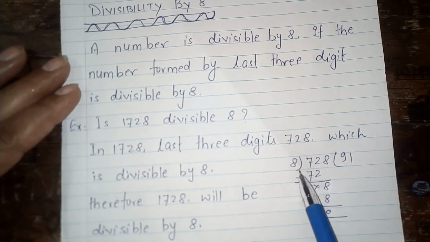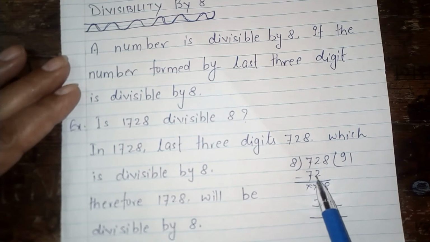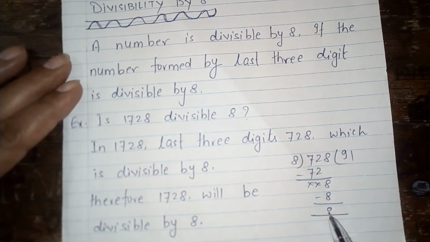728 divided by 8. 8 nines are 72. Remainder is 0. We can note down the next number, 8. 8 ones are 8. Remainder is 0.